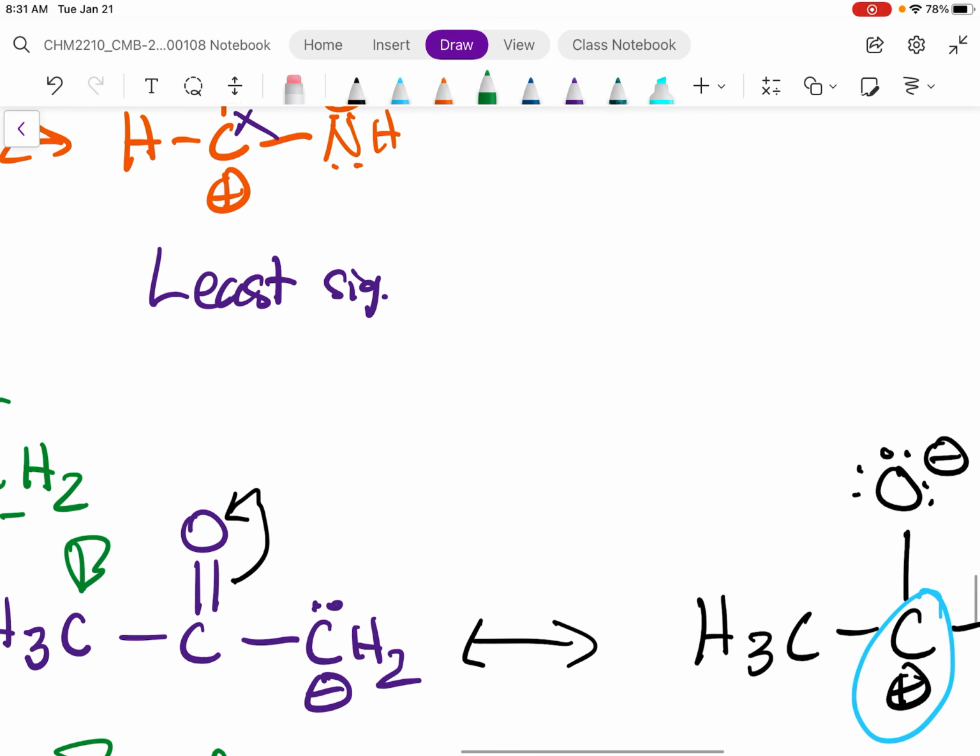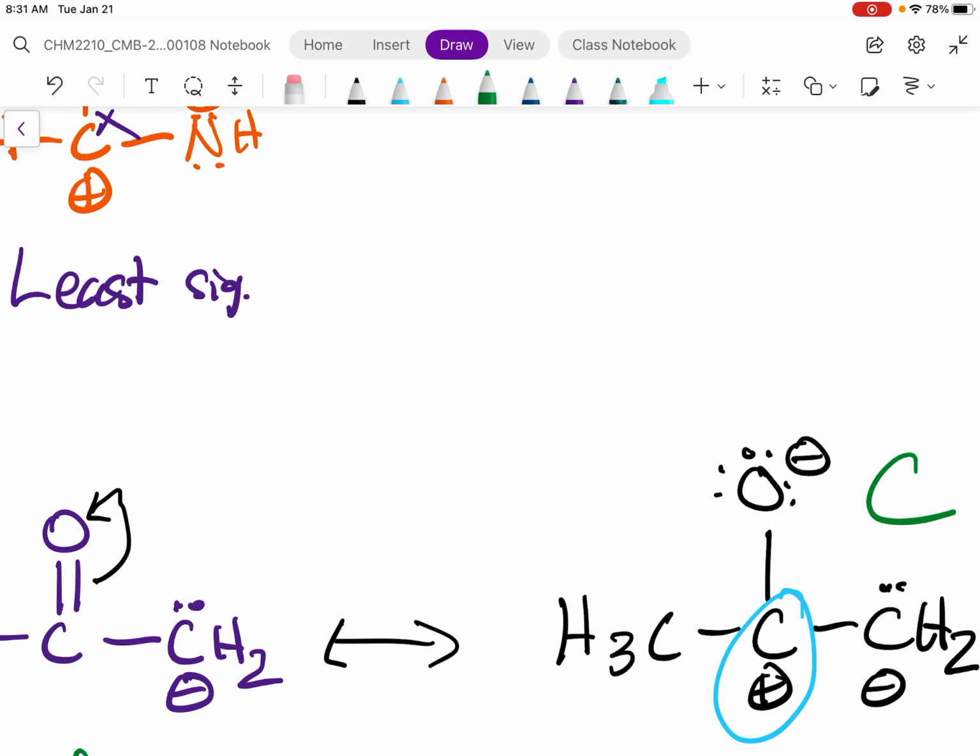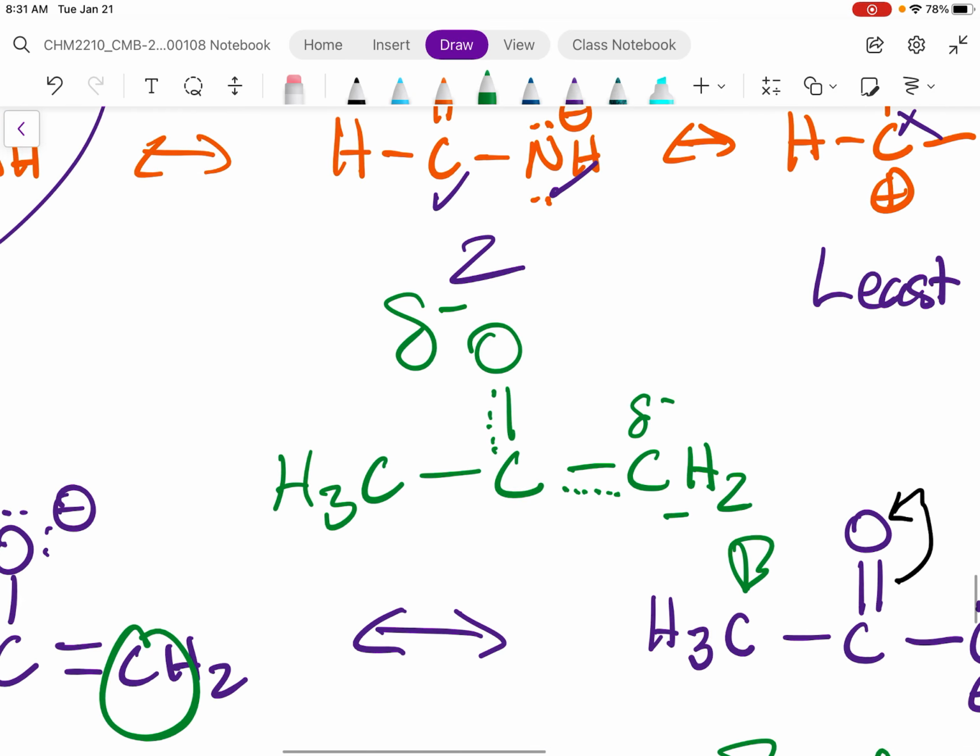And then when we come to the least significant resonance structure, we see a partial positive on the carbon. And so we would have to draw that even tinier. And so the sizes of your delta indicate to the reader where most of the charge is or isn't. Does that make sense?